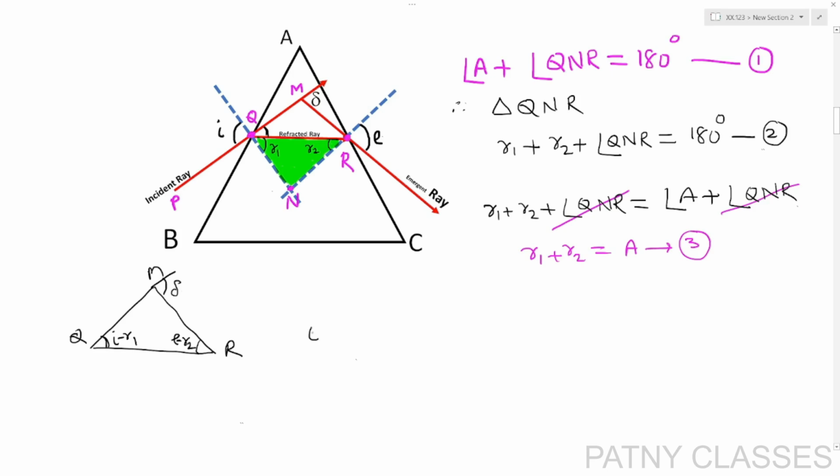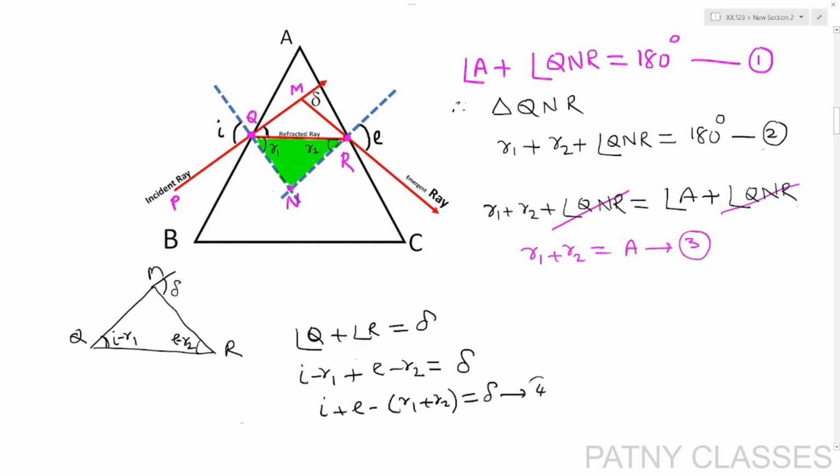Now the sum of angle Q plus angle R equals delta. What is angle Q? I minus R1. What is angle R? That is E minus R2. Therefore, (I plus E) minus (R1 plus R2) equals delta. Call it equation number 4.